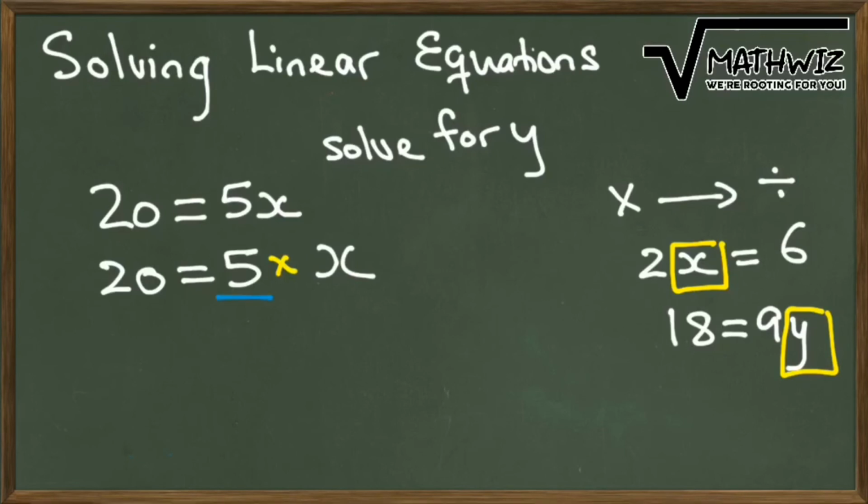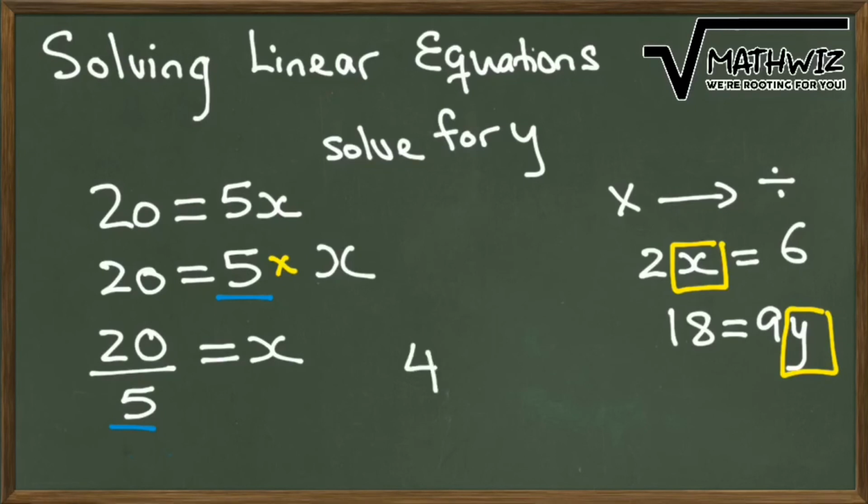Since the 5 is being multiplied, when I take it across, I will divide. And 20 divided by 5 is going to give us 4.